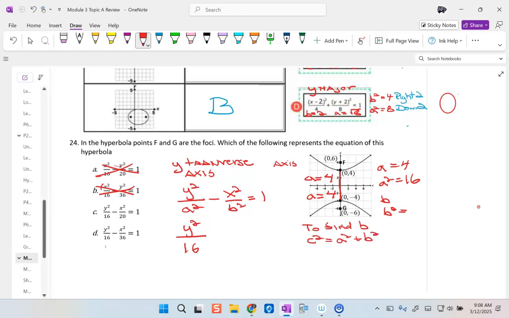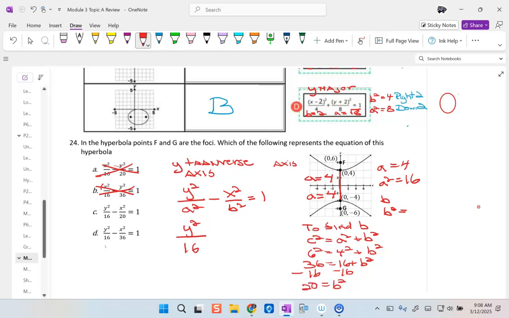C is your focal point. Your foci are at 6, so that's 6 squared. A was 4, A squared 16, B squared. So I'm going to solve this for B, and I get B squared is 20.